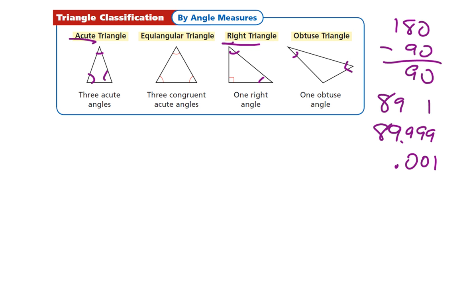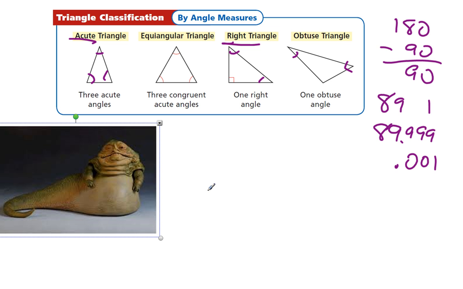Hold on. Wait for it. This is totally gonna be worth it. Probably not, but look, he's a triangle. He's triangular in fashion. Look at 1, 2, and 3. Although he's kind of acute here, so whatever.